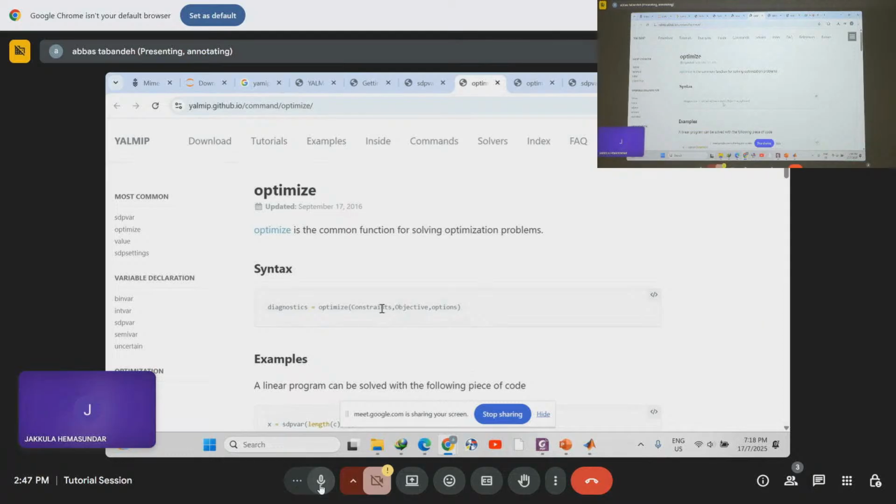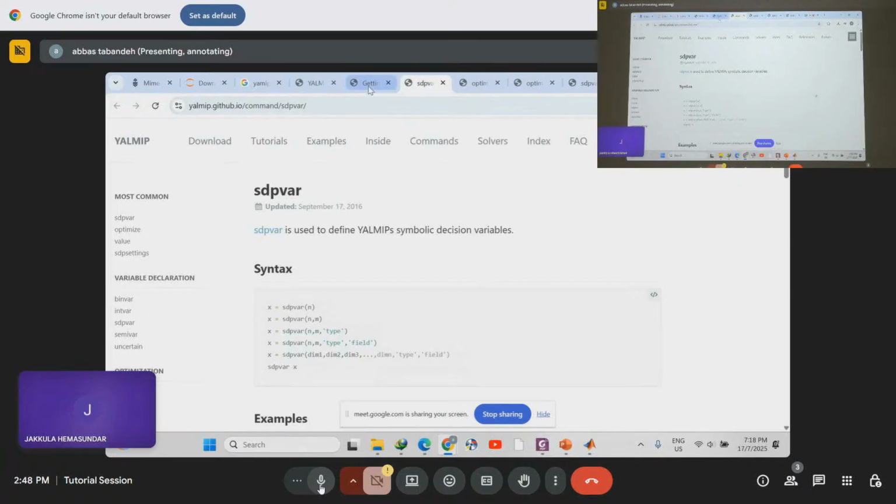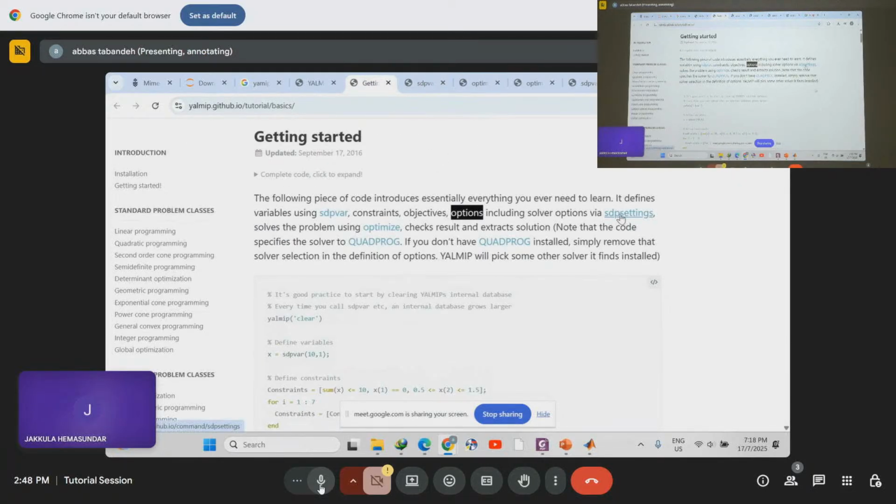First, you put your constraints that you have defined already, and then the objective function. And these options, as I said, are related to the selection of different solvers and manipulating the settings if your problem is very complicated. Regarding the options, you need to use sdpsettings.